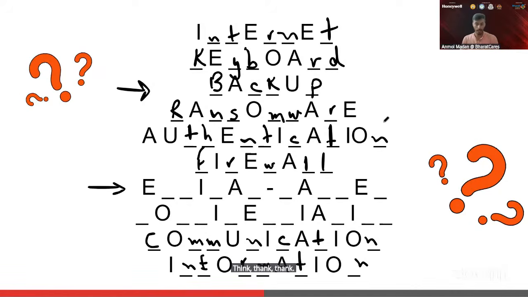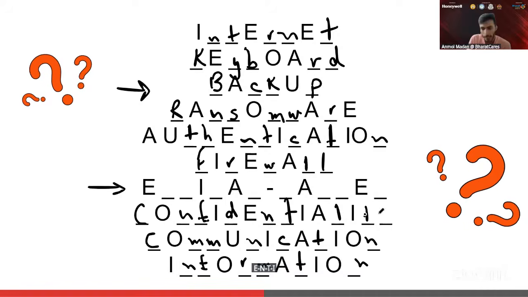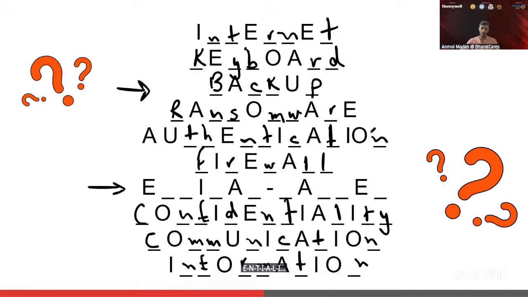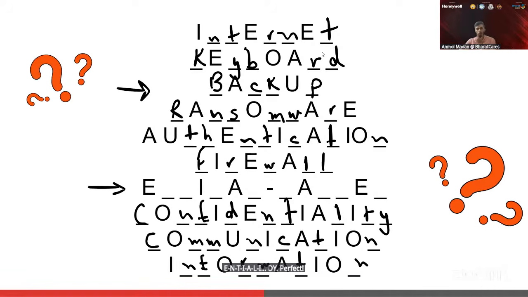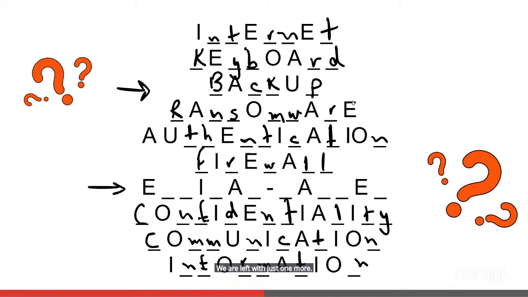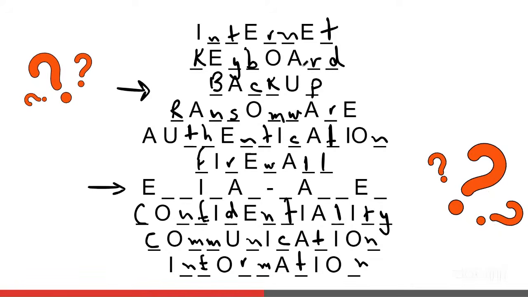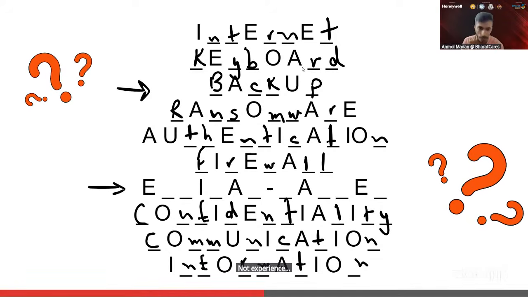Think. Okay, Shreya is saying the eighth is confidentiality. Let's try it out. Confidentiality. Perfect. We are left with just one more. Not experience. Of course, it can't be experience.